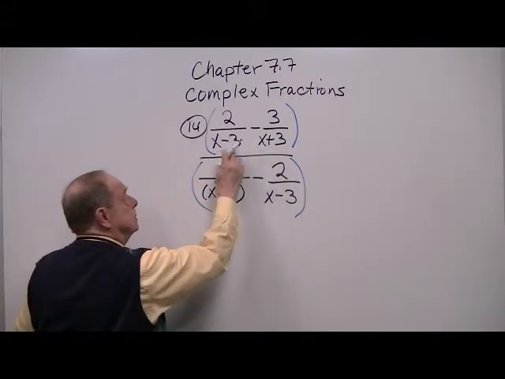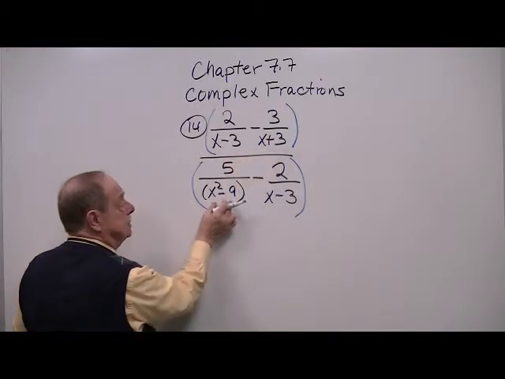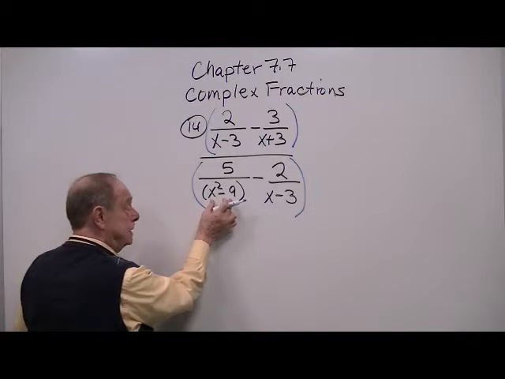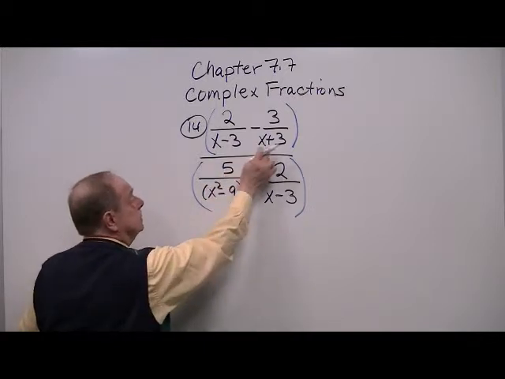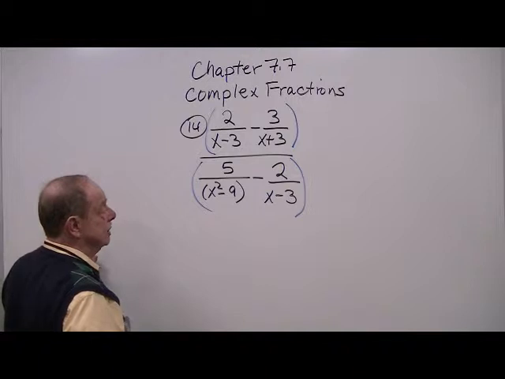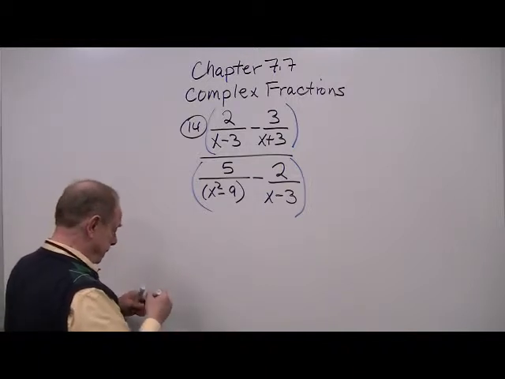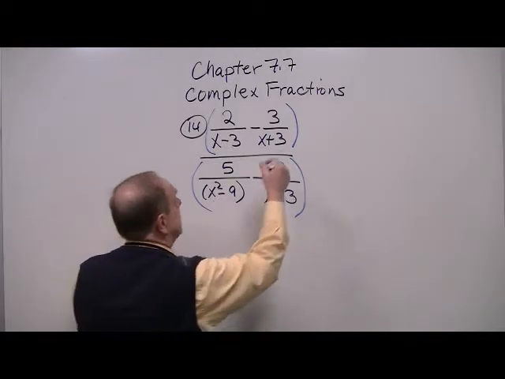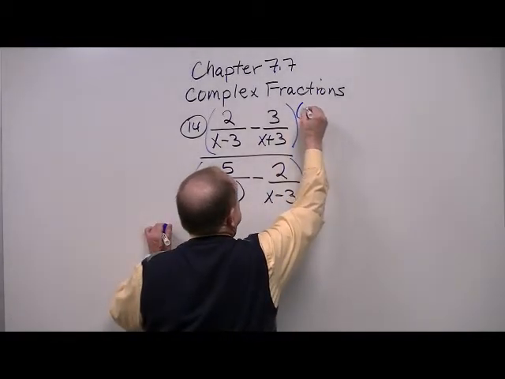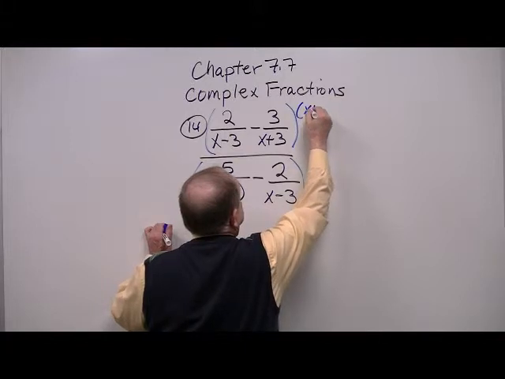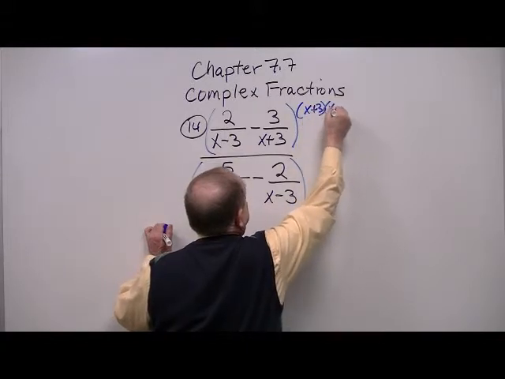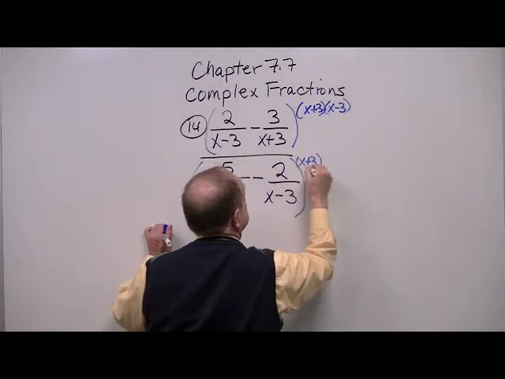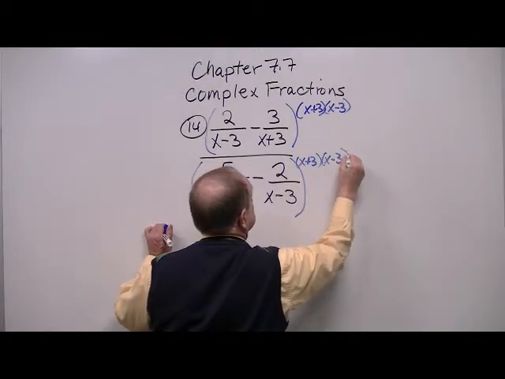And conjugates, when you multiply them, become the difference of perfect squares. So this factored into these two binomials. So our least common denominator then will be this, that I'll write as x plus 3, x minus 3, x plus 3, x minus 3.